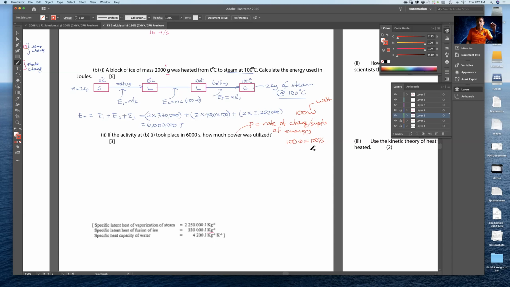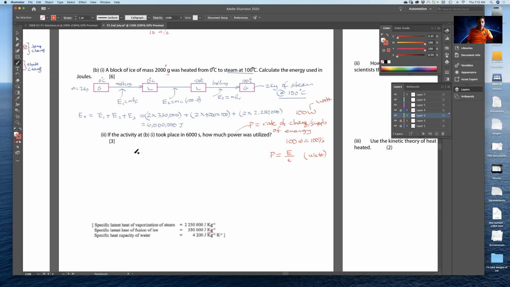That's what a watt is. So that's power. Power is the rate of change of energy, how fast energy is changed. The equation for power, P, is equal to energy divided by time. Power is energy over time. And again, the SI unit of power is the watt, after a Scottish physicist, James Watt.